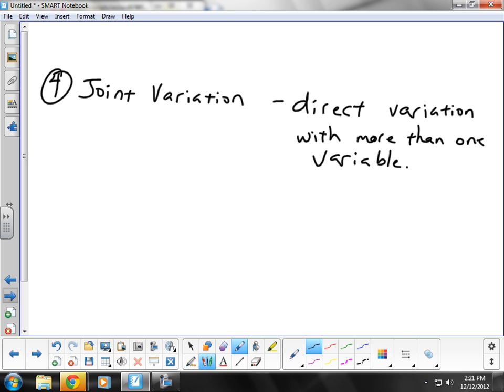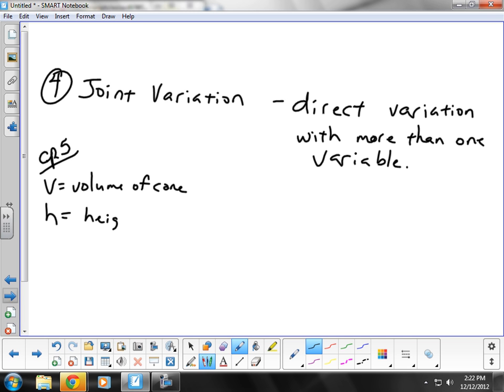So it varies jointly. So checkpoint 5 says the volume V, volume of the cone, varies jointly as its height, so we're going to let H be height.